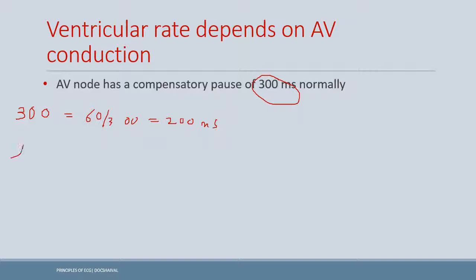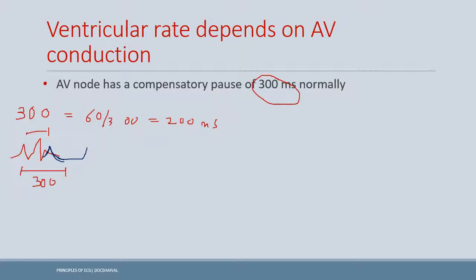So let's imagine we have this P wave, followed by the QRS complex. Now if this is the P wave, we have our AV node pause, which is about 300 milliseconds. But our next atrial beat is going to come in 200 milliseconds. Let me draw it with the other color. So we would see an atrial beat, this blue one, but we would see no QRS complex because of the pause.